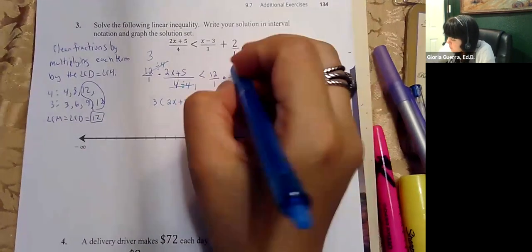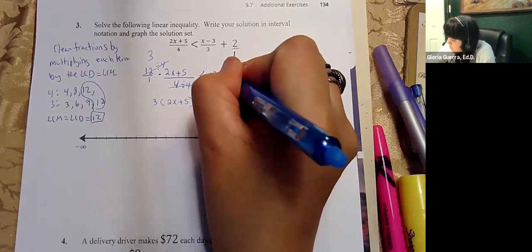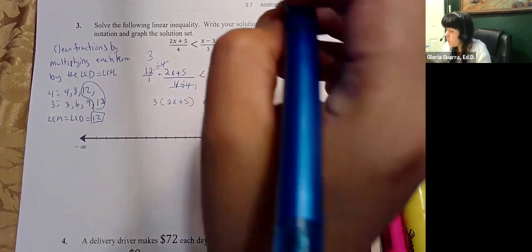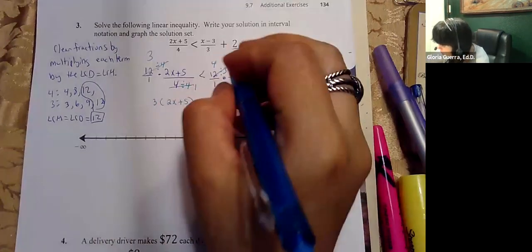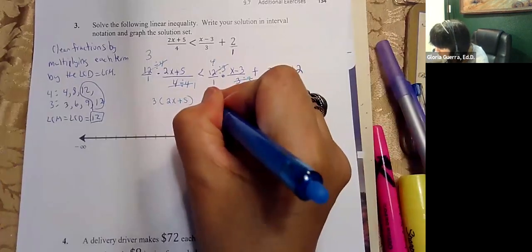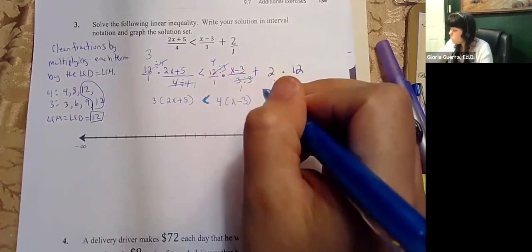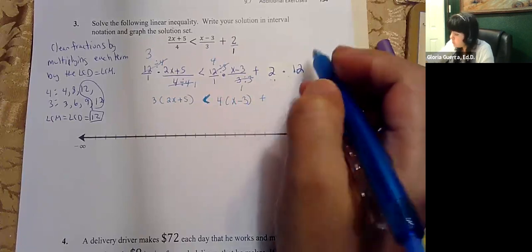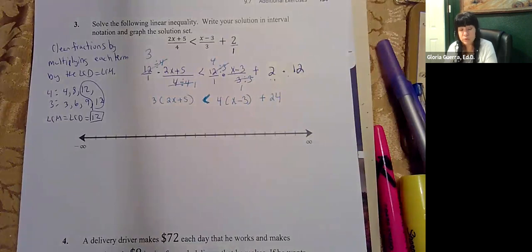And what's happening here is 3 is going into 3 one time, and 3 goes into 12 4 times. So this is your inequality: 4 times x minus 3, and then plus 2 times 12, which is 24.